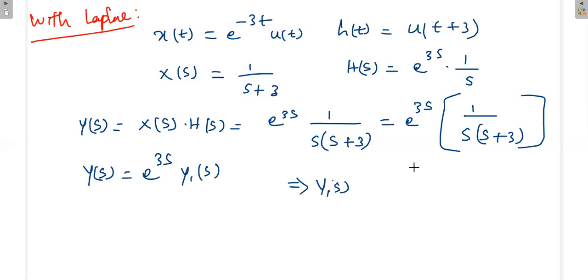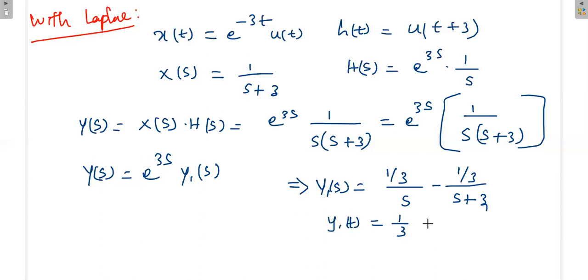Then what is Y1 of s? Apply the partial fraction here: at s equal to 0, that is 1 by 3, divided by s; at s equal to minus 3, that is minus 1 by 3, divided by s plus 3. Once you apply the inverse Laplace transform, we get 1 by 3 u of t minus 1 by 3 e power minus 3t u of t.